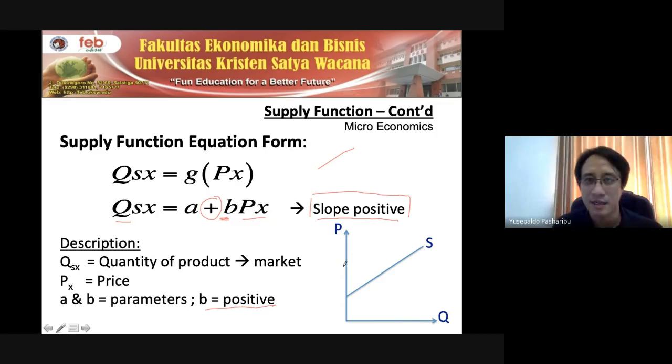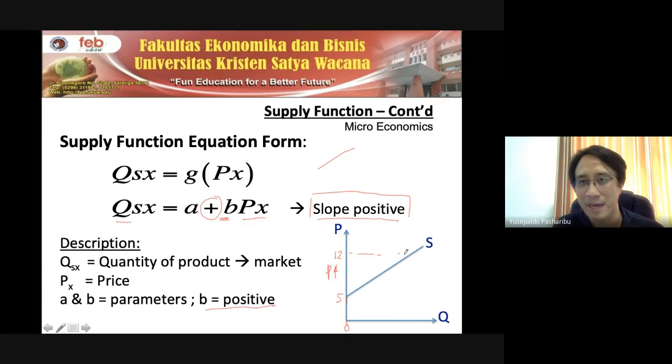This is also how we interpret, or describe, from the line that this is the real supply function. Because if the price goes up, for example from 5 and then to 12 at this spot, when it is 5, no one wants to sell it.